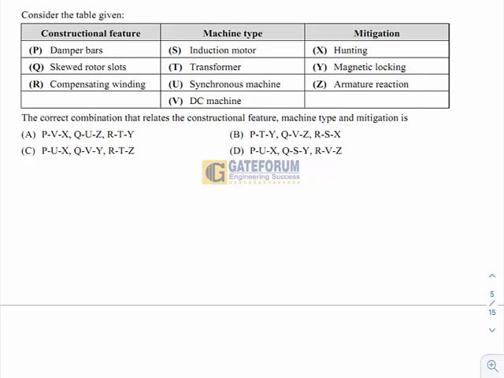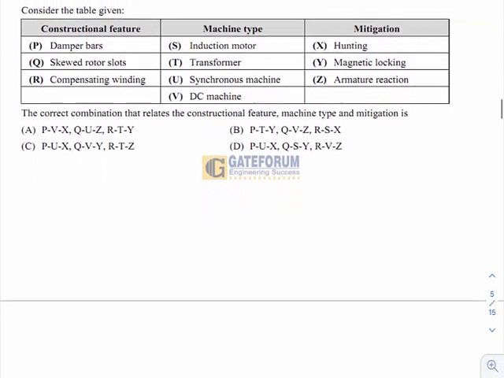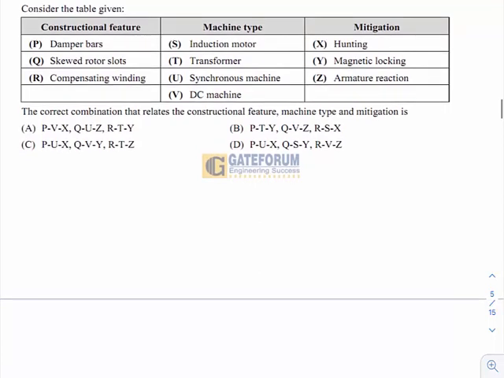Okay, so let us talk about damper bar. Damper bar or damper winding helps the synchronous motor to start on its own by providing the starting torque. So one purpose of damper bar is to provide the starting torque. Now this damper bar are also used to avoid the phenomena of hunting.